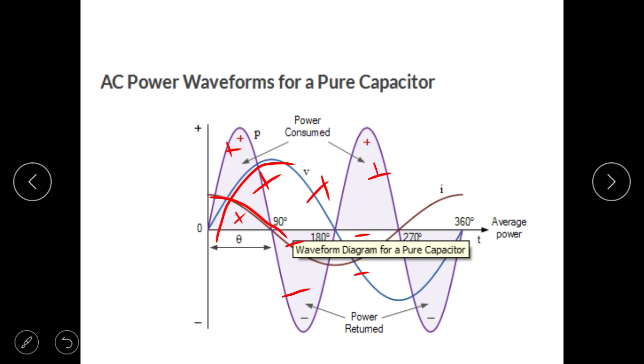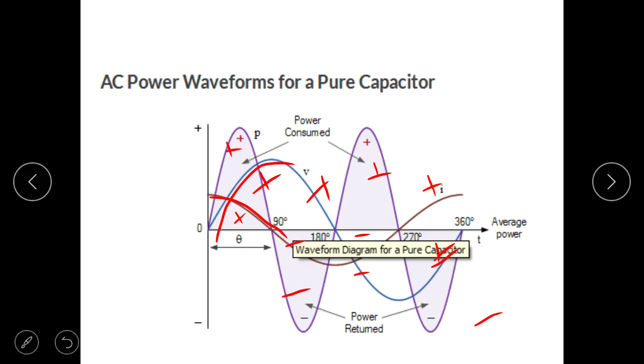Here I is negative, V is positive, or I is positive, V is negative, so power is negative. So in a pure capacitive circuit, power is also alternating. It means a capacitive circuit receives power and delivers power to the circuit. It means it does not absorb or dissipate any power in the circuit.